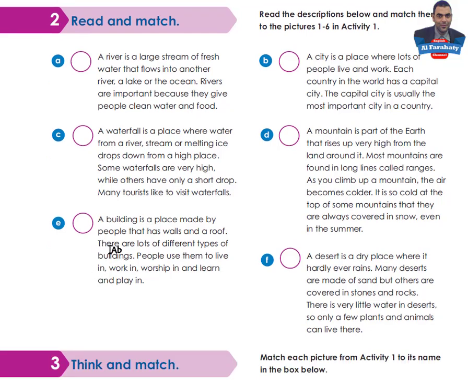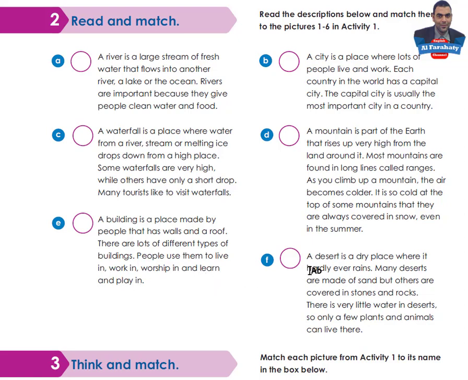E. A building is a place made by people that has walls and a roof. There are lots of different types of buildings. People use them to live in, work in, worship in, and learn and play in.